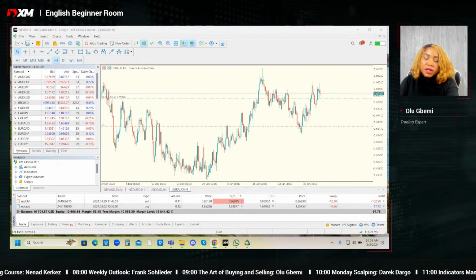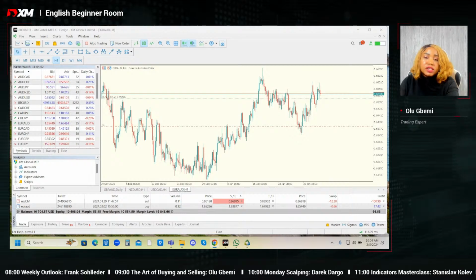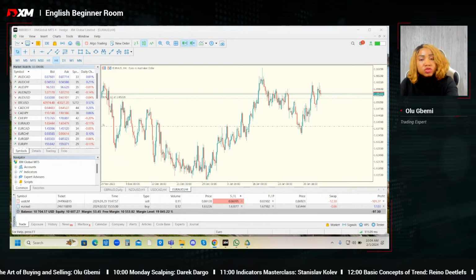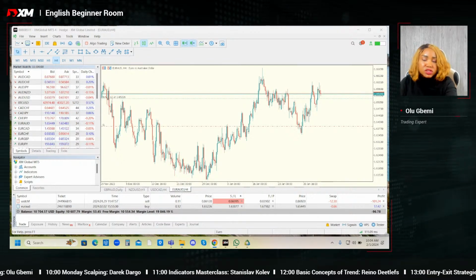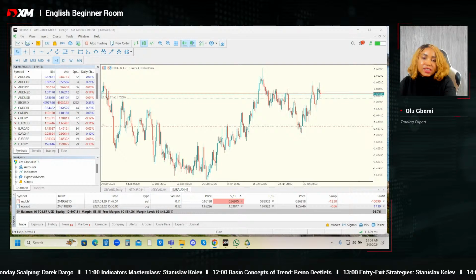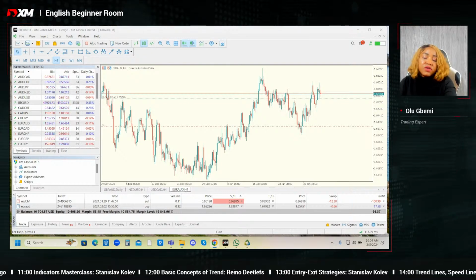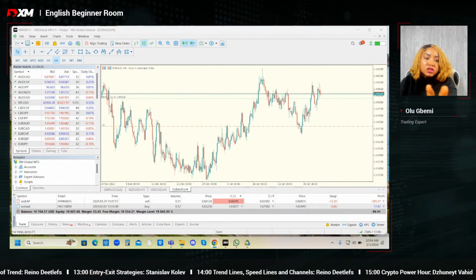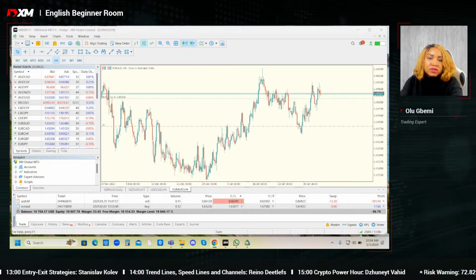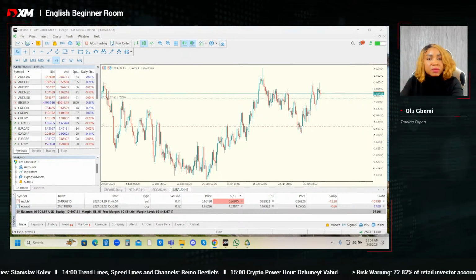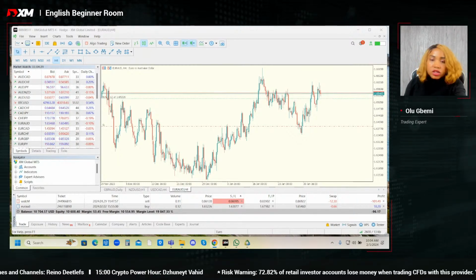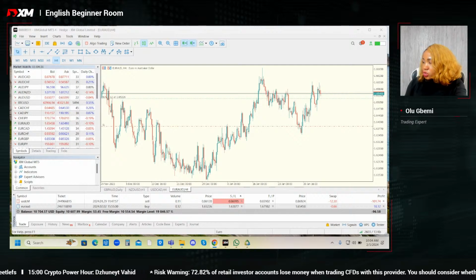I already would prepare: if the actual is bigger than or lower than the expected, this is how I'm going to trade. If there's no difference, this is how I'm going to trade. So I would have an idea how I'm going to trade around the events. I also would want to have an understanding of the major economic picture of the currencies that I trade. Once I have these, they serve like the background that can help me know what I am looking for by the time I come into the chart.